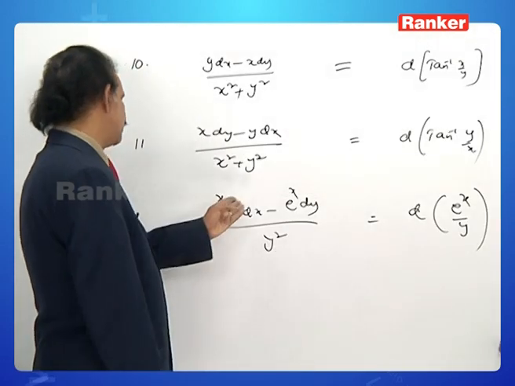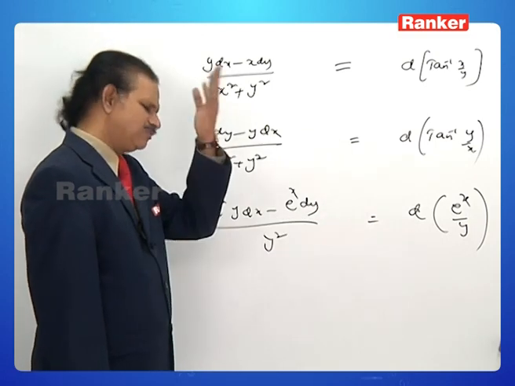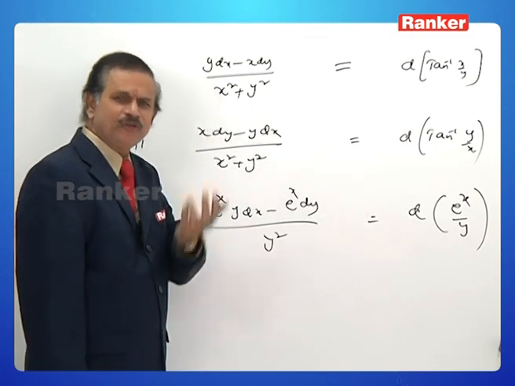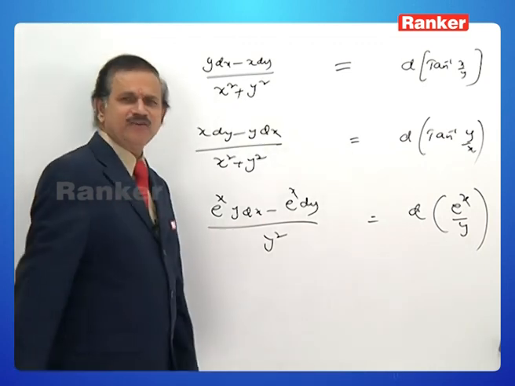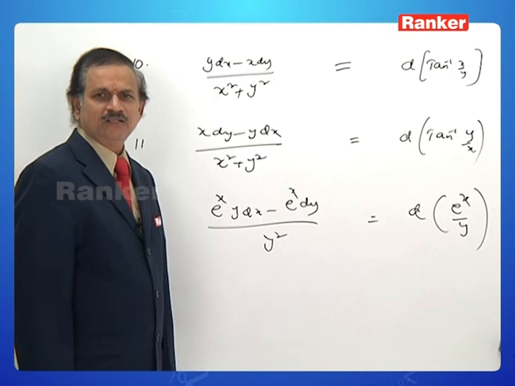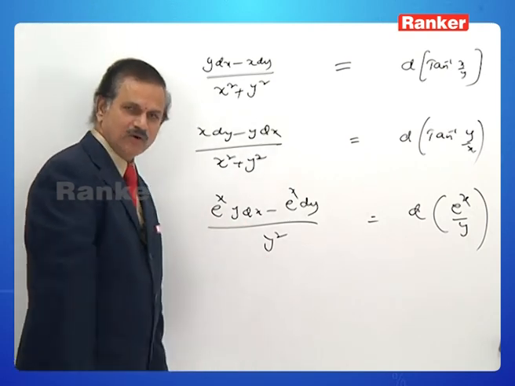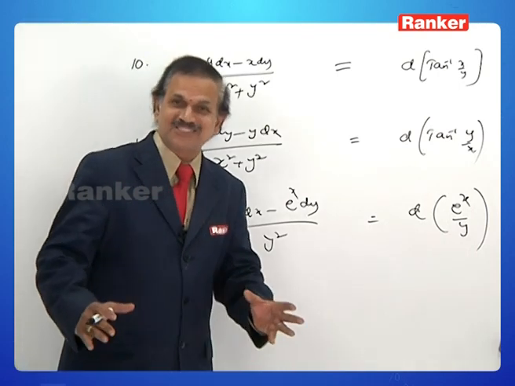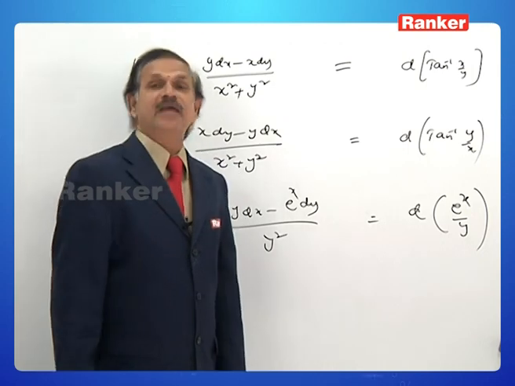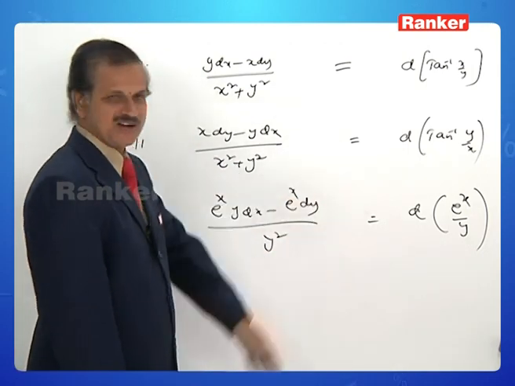So (y into e power x dx minus e power x into dy) by y square. Like that you can create as many as you like, as you want, as you enjoy, as you please. There is no question of any end to that. The only purpose of introducing them on the board is you must be able to know the style of creating them. Thereby you can remember the original differentials.